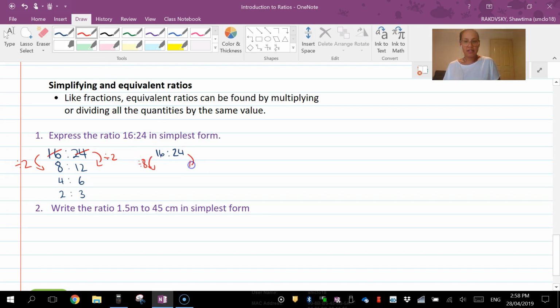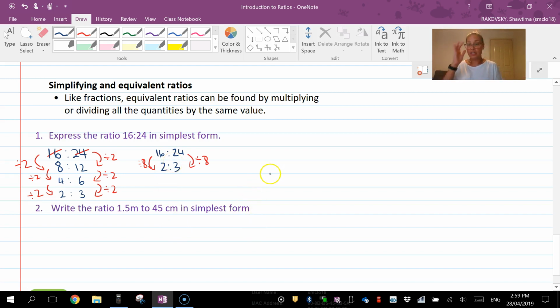Divide by 8, and while I'm here, because I like to show you this pattern, 2 times 2 times 2 gives us 8, so 2 to the power of 3 gives us 8. That's how the pattern connects them, and that's going to give us 2 to 3.